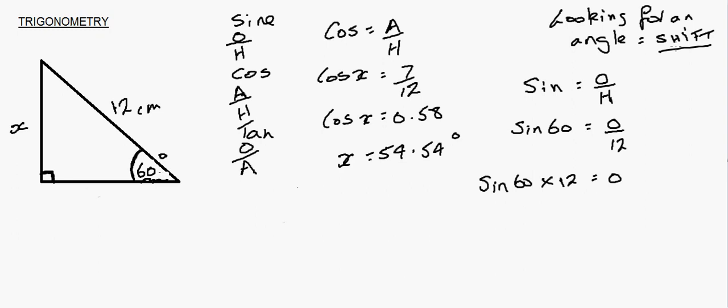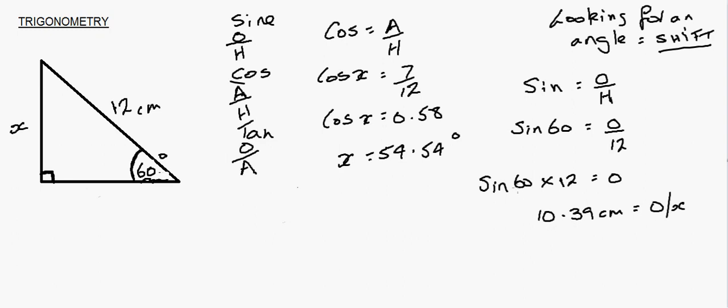Okay, so we have sine 60, close the bracket, times 12, and that will give us 10.39 centimeters. Okay, and that equals the opposite, or x, it doesn't matter which one you call it.